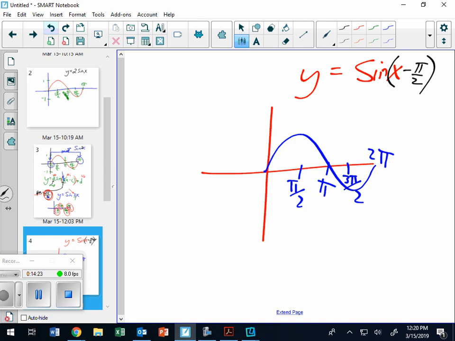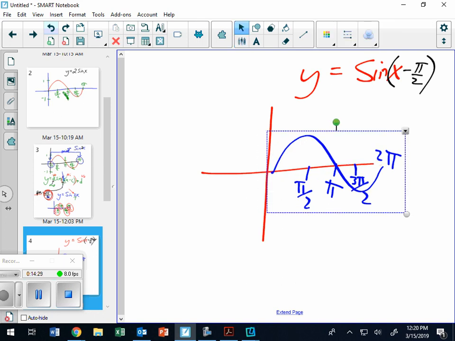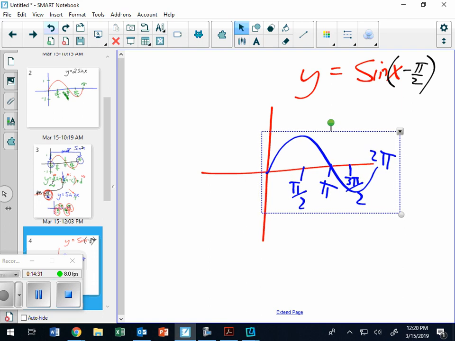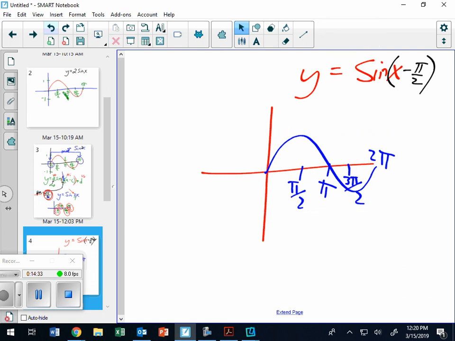Right, how far? Pi over 2. So I would grab this and move it. Oh, wait, it's going to move the numbers too. Okay, I'm going to draw over it. I'm going to grab that and move it. There, I moved it pi over 2. It got shifted to the right.